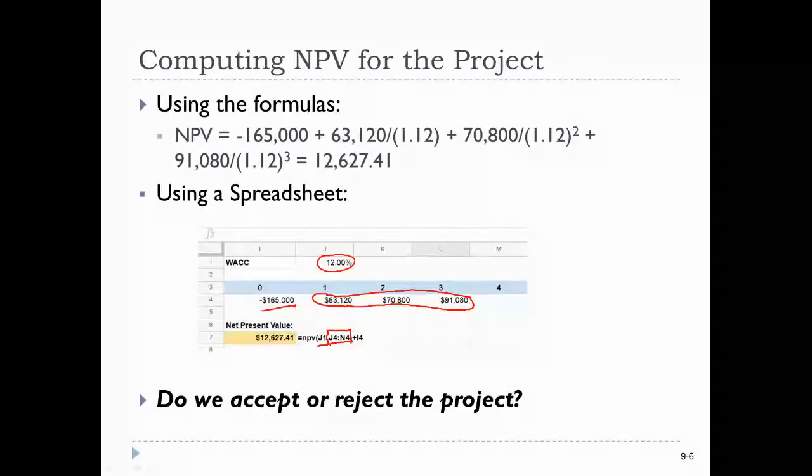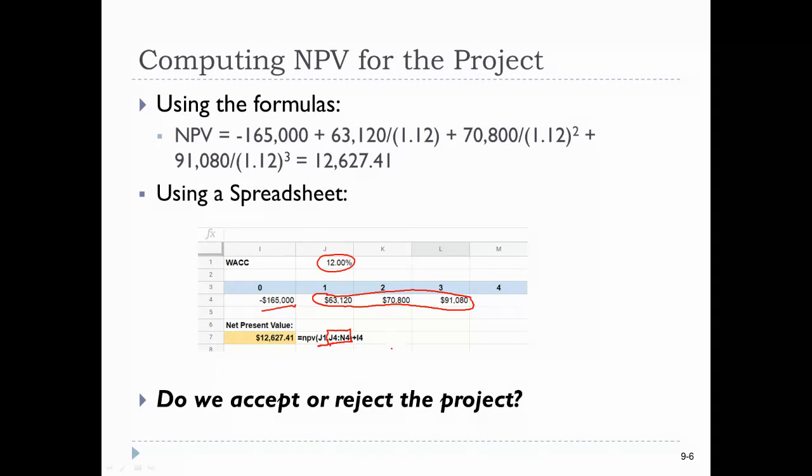It's the $165,000. I've left it out of the NPV formula and added it here, added that negative value to the end. It's a little bit of a quirk in the way Excel and Google Sheets handle this net present value NPV formula, in that it assumes the cash flows that you give it start 1 year in the future.